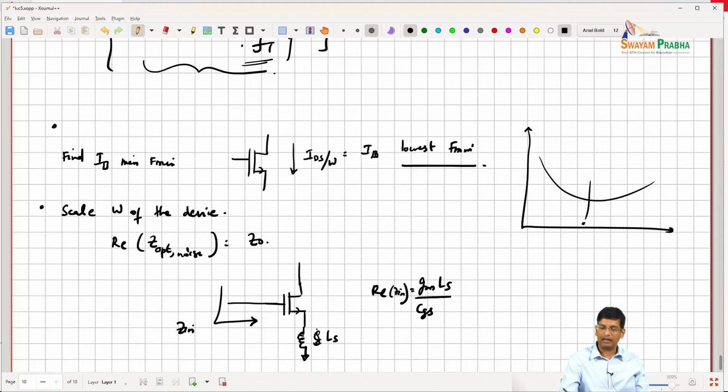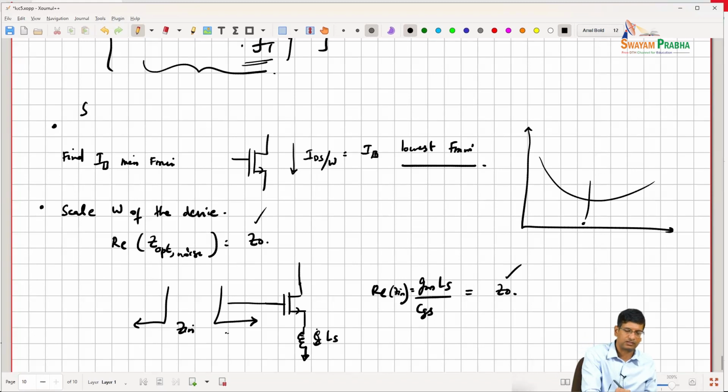So if I now make this equal to Z naught, I have created a situation where I know that for conjugate matching, this impedance looking in this direction must be the real part of Zn. So I have satisfied power match and I have satisfied noise match at the same time using this topology. So this is the source degeneration LNA. It's a very popular design choice at millimeter wave.